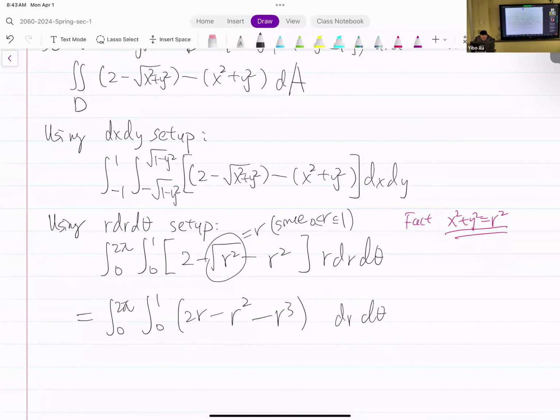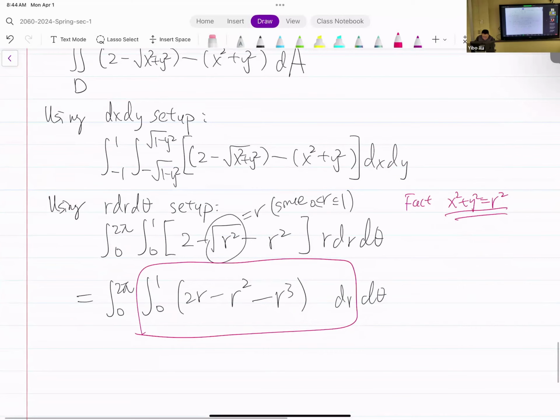And now further, we notice that since the function is only about r, this inner integral will get you a constant value. You integrate the function only about r, that's going to give you a constant. And then on the outside, you have an integral of a constant with respect to theta.